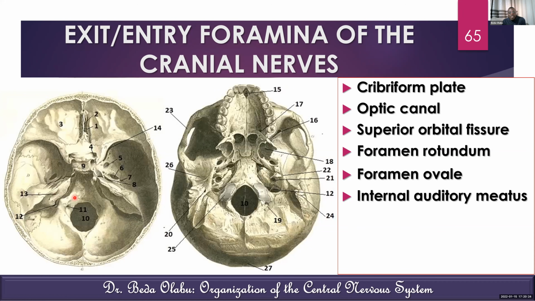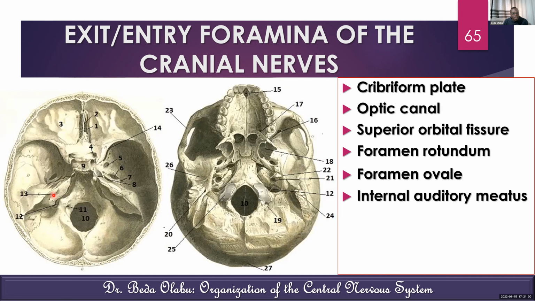This is the channel taking nerves to the ear. The 8th nerve remains in the ear, but the 7th nerve comes out through this foramen, which we call the stylomastoid foramen. This is where the facial nerve comes out from, but it exited the cranial cavity through the internal auditory meatus, then comes out through the stylomastoid foramen. Vestibulocochlear will remain in the ear. So that takes care of number 7 and number 8.